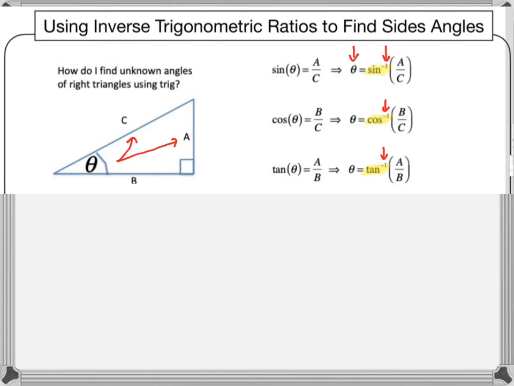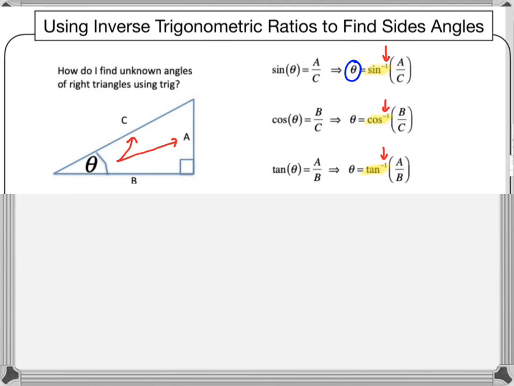And so basically, for each one of these, if you want the words to go along with it, it says find the angle whose sine is A over C, and that's going to give me that angle.